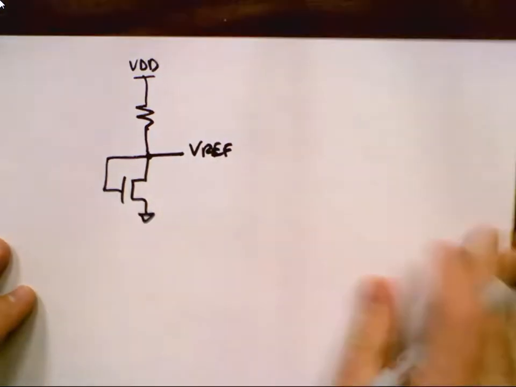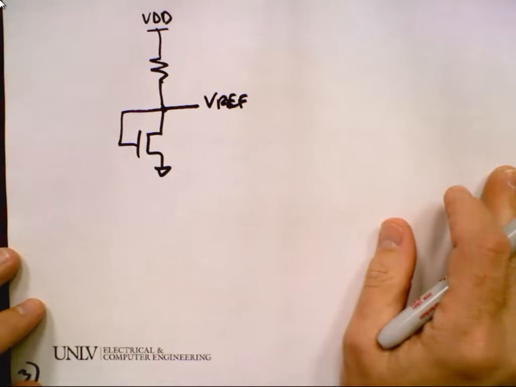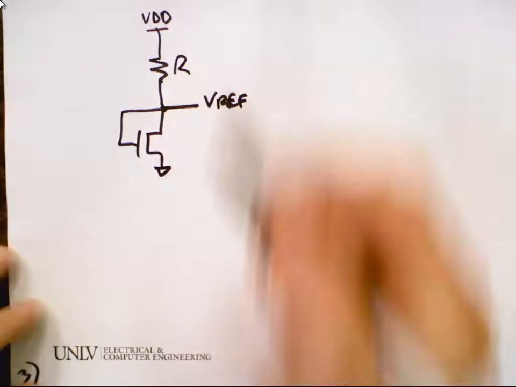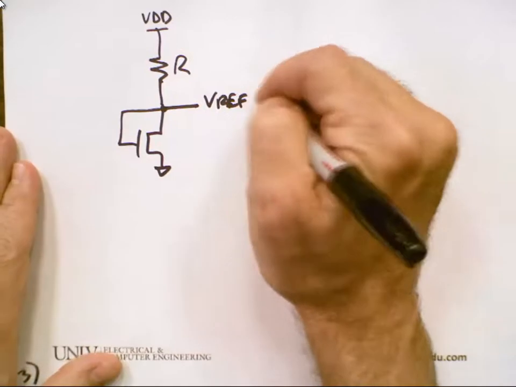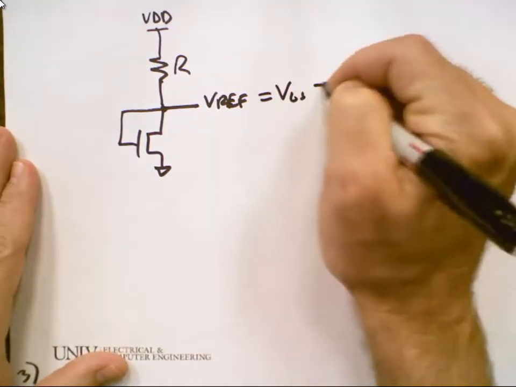If you make the device really wide, what is the reference voltage going to be? No, think about it. If you have a wide device and you trickle current through a wide device, what's the VGS? Does everybody understand Vref is VGS here?